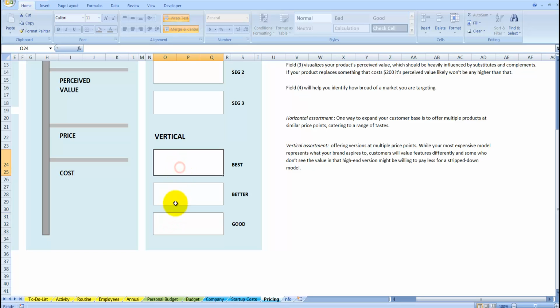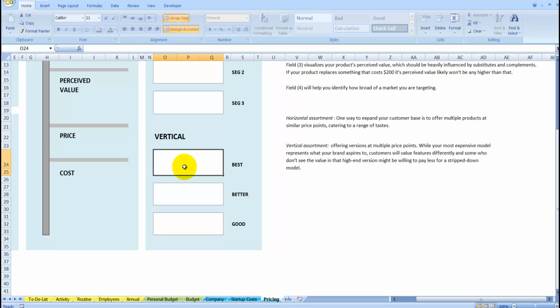The camera might be a bit less megapixels, and the whole quality of the product will be a lot smaller than the actual best price here. But in some cases, because people cannot afford the best model, they're going to purchase this good or better quality model, and a lot of times you're going to get a lot more sales in the better and good section rather than in the best section.